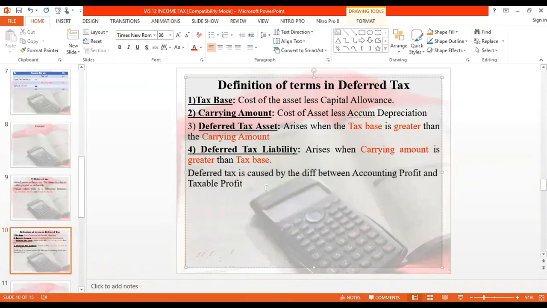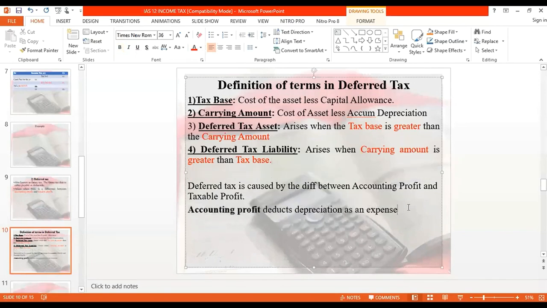Take note of that. Now, accounting profit, when you are finding accounting profit, normally deducts depreciation as an expense.